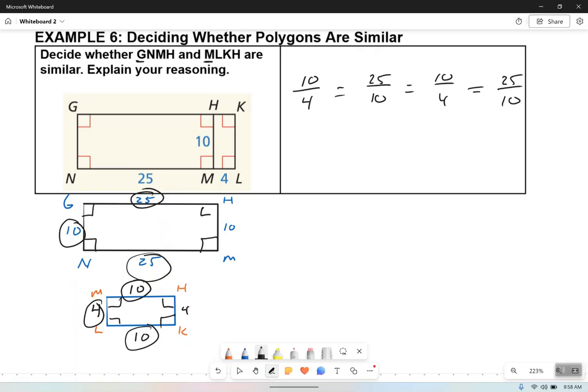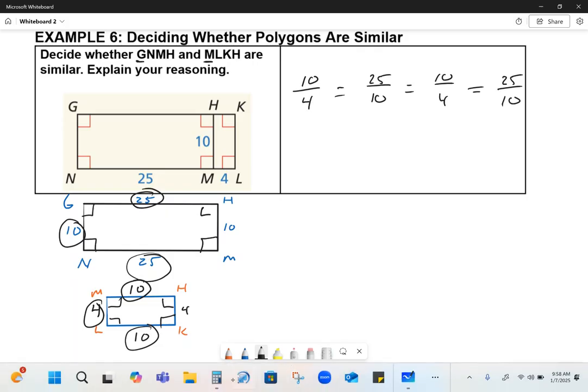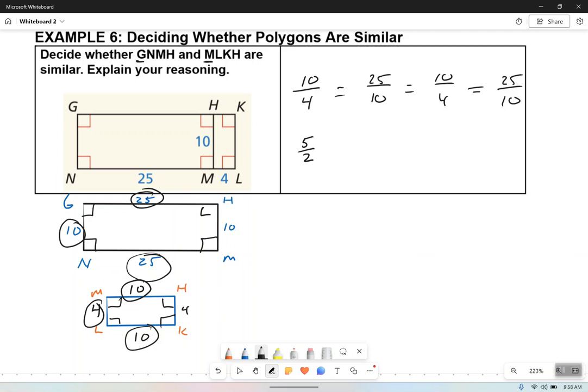Anybody know what 10 divided by 4 is, or what it reduces to? Won't 2 go into both of these? What's 25 over 10 reduced to? Won't 5 go in both 25 and 10? How many times up top? How many times on the bottom? Oh, we already know 10 over 4 is 5 over 2. And 25 over 10 we already know is 5 over 2.